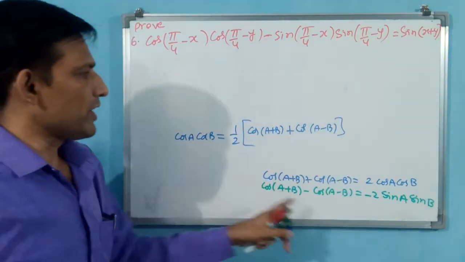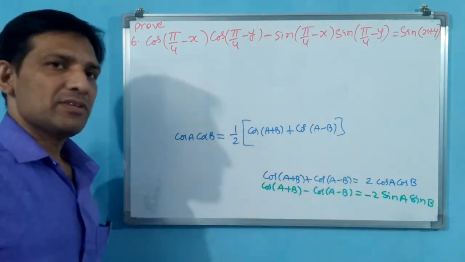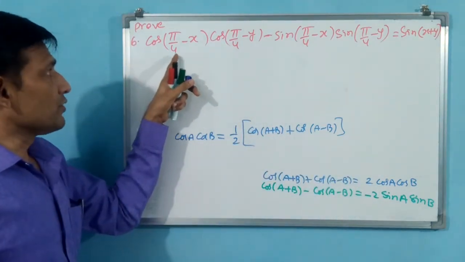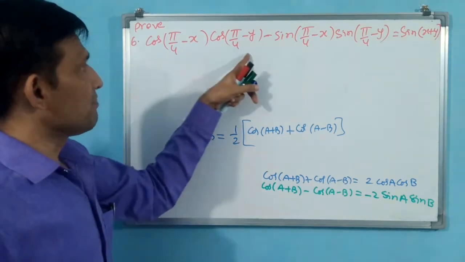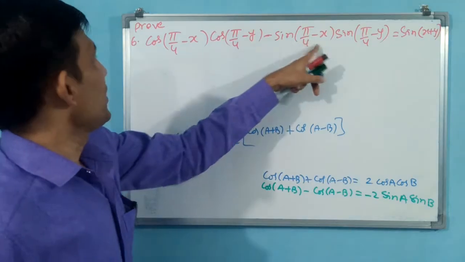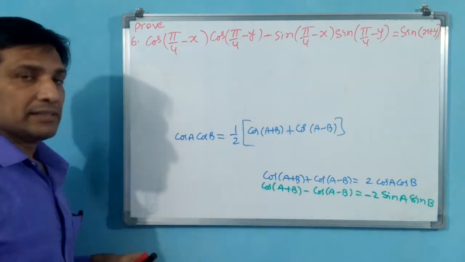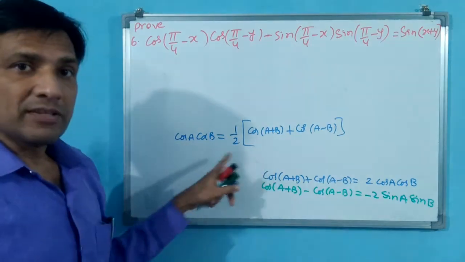Okay, that means this is a, this is b. Here also a, b, both are same. Like this you have to convert this formula.